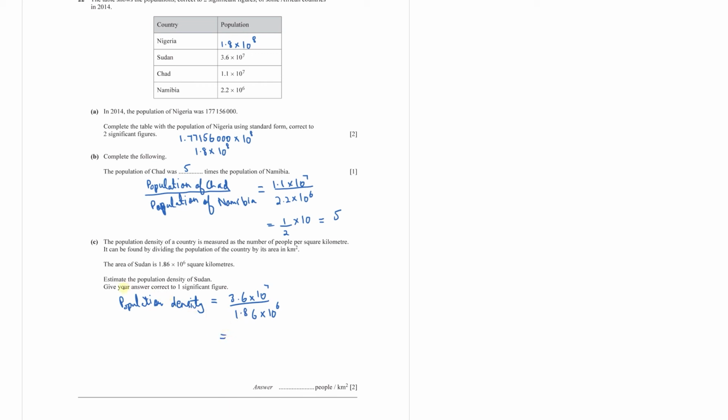Since we have to give the answer in one significant figure, we can round 3.6 up to 4, and 1.86 up to 2. 10 to the power 7 divided by 10 to the power 6 is just 10 to the power 1. 2 ones are 2, 2 twos are 4, and 10 times 2 is 20. So this gives you 20 people per kilometer square.